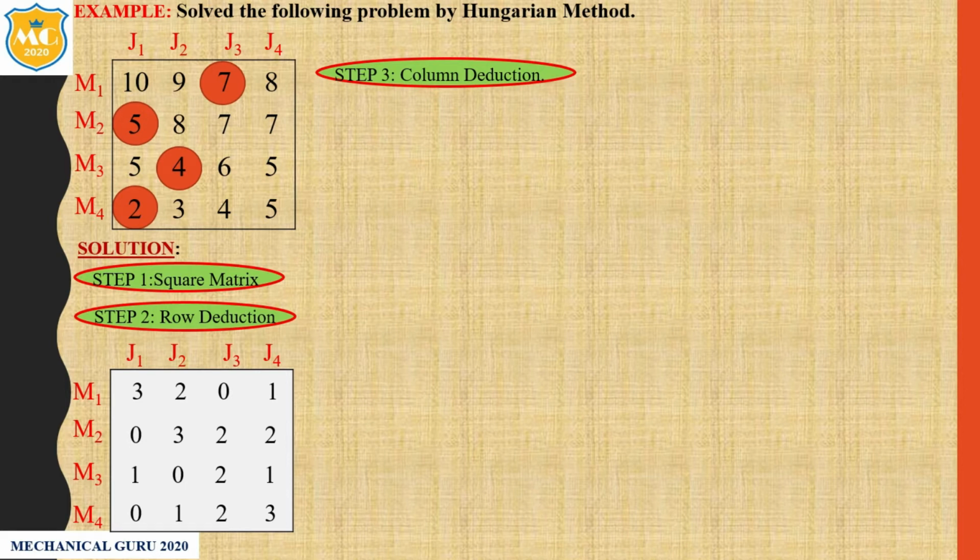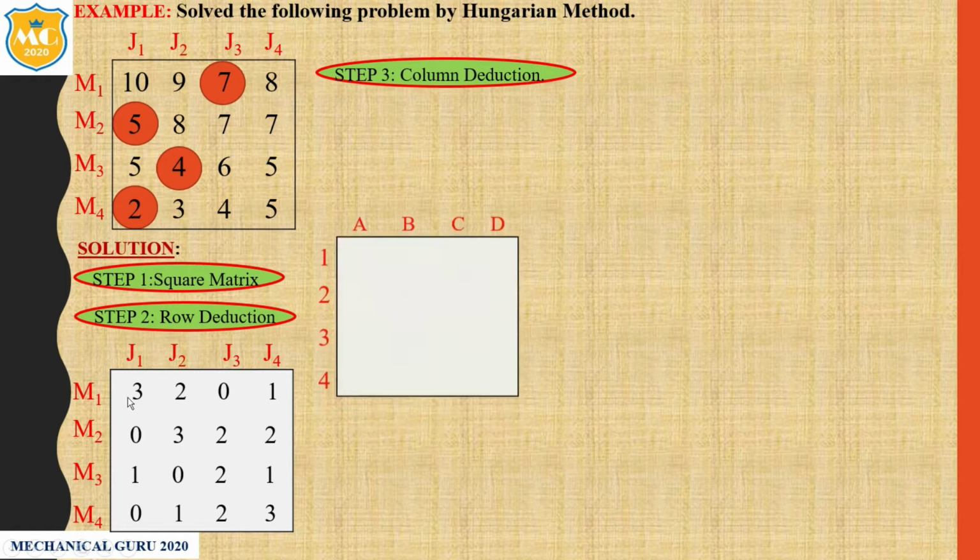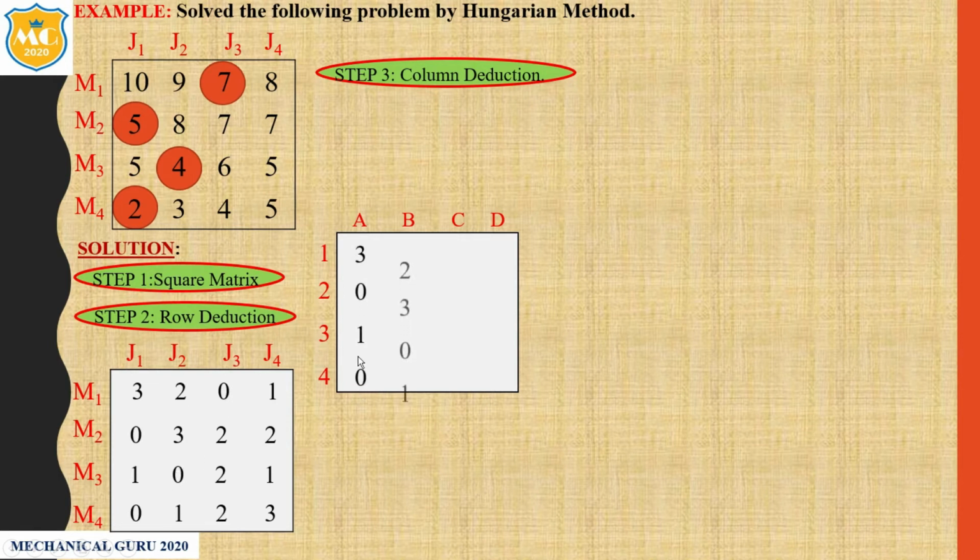In a column reduction, subtract the smallest element of each column from all the elements of that column. In our first column, the minimum cost is 0, so this column is written as it is. In the second column, again the minimum cost is 0, so again the same.